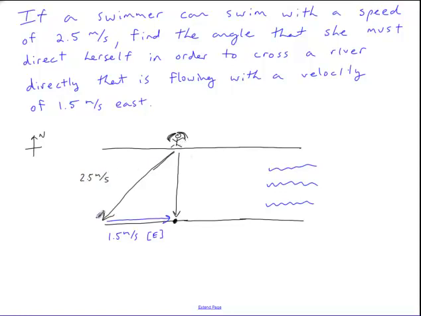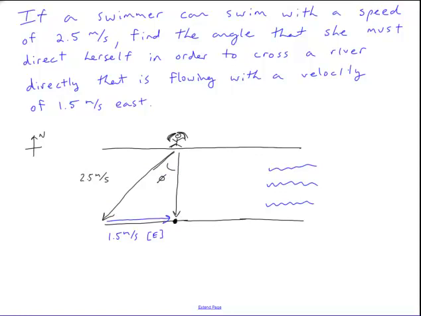She swims in this direction, the current pushes her back, and then she ends up directly across from where she started after jumping in. We want to find this angle. What angle does she want to point herself to end up right there?